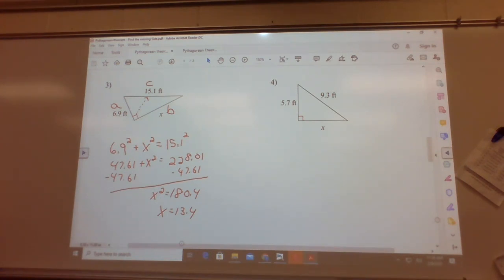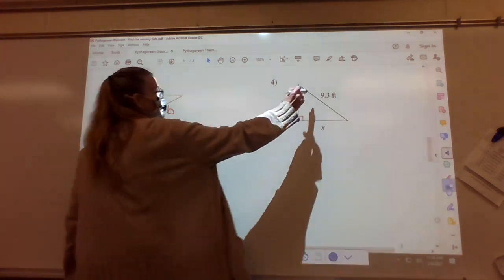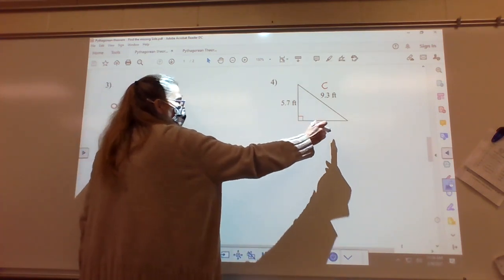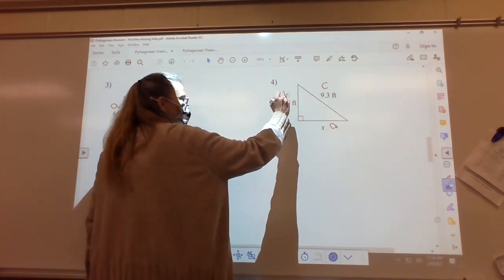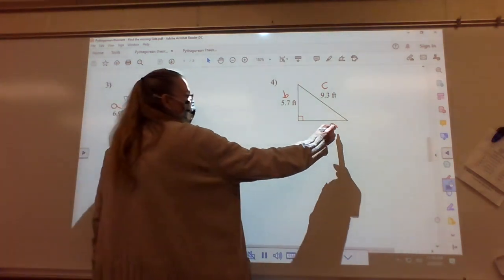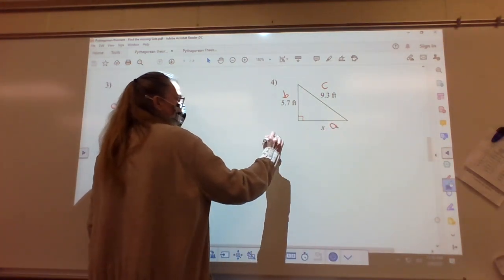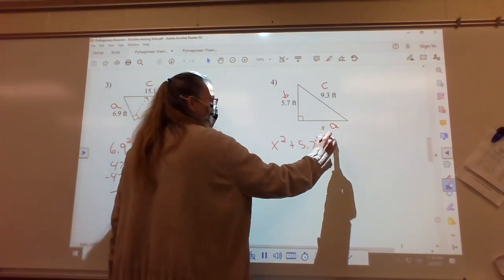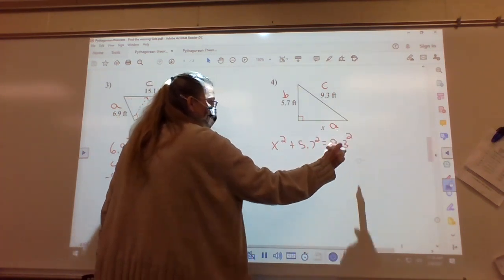And number 4. What's the biggest number? 9.3. So that's the C. So stick a C here. Your A and your B are these two. I'll put A as the X, B is this one. But like I said, those two can be reversed. So X squared plus 5.7 squared equals 9.3 squared.